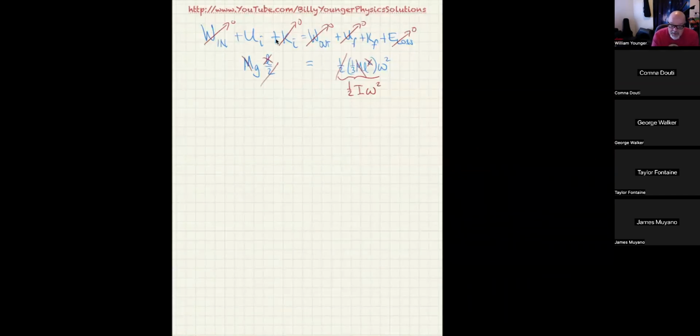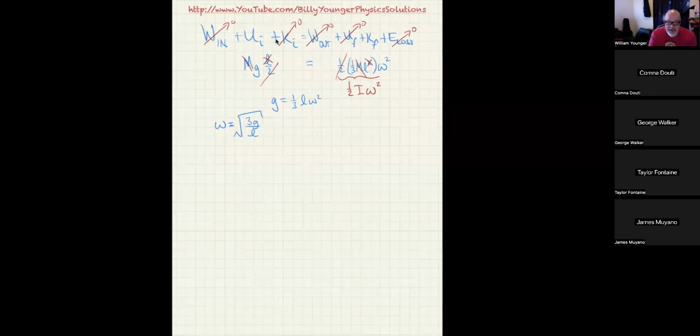And what I'm going to get is just G is equal to 1/3 L omega squared. So omega is going to be actually equal to the square root of 3G over L.